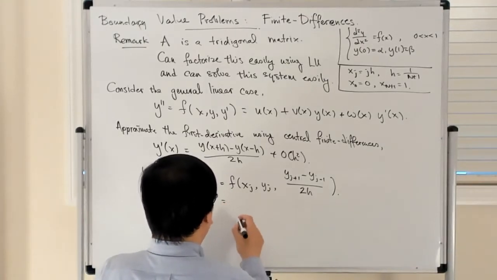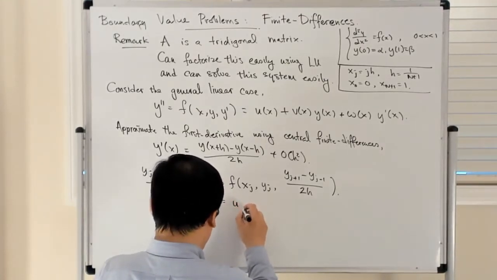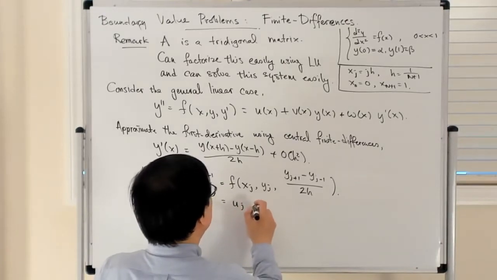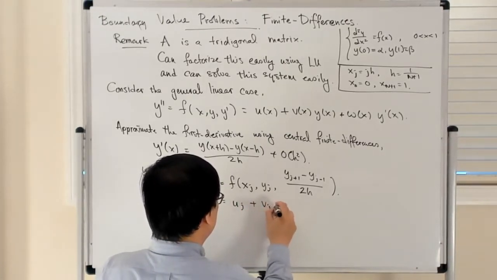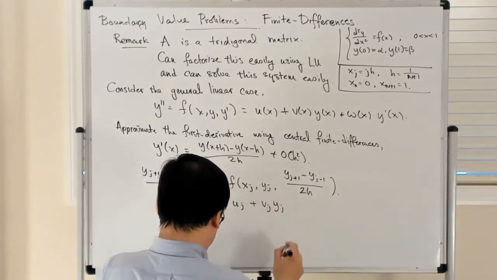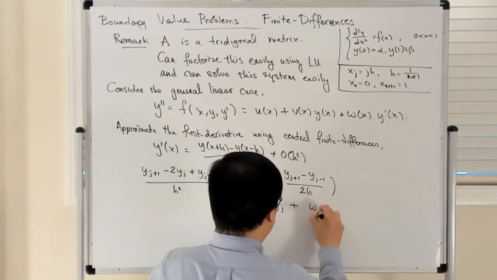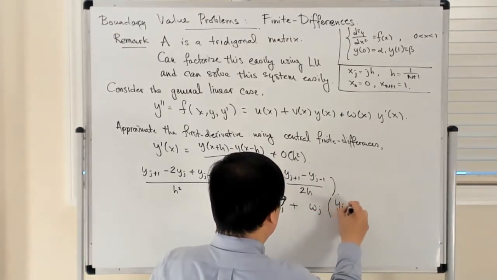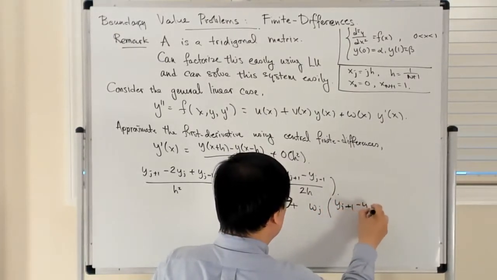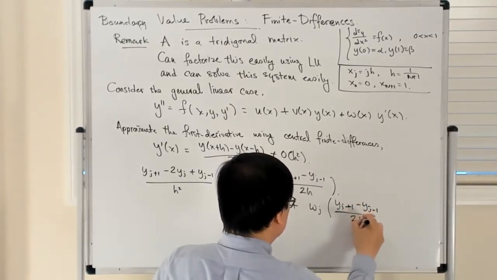So this looks like u(xj), which I call uj, plus vj yj plus wj (yj plus 1 minus yj minus 1) over 2h.